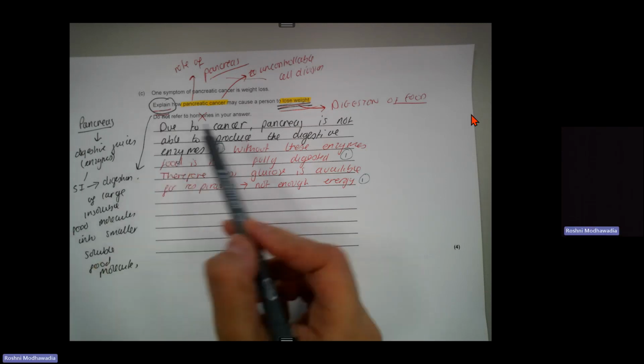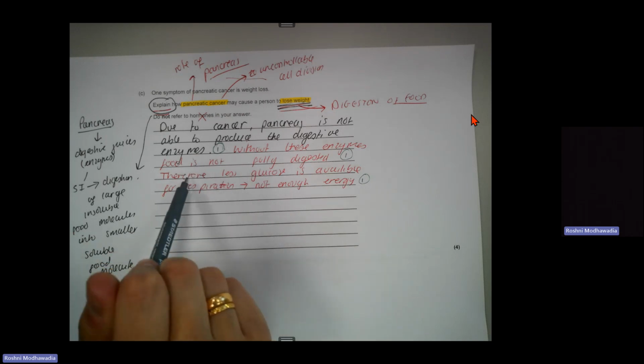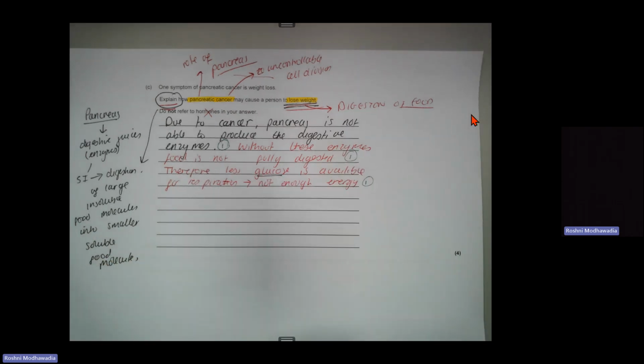So that's one. Another point that I'm going to talk about, again because of this cancer, the pancreas not being able to produce the digestive enzymes. We talked about the enzyme digesting glucose, but glucose isn't the only large insoluble molecule that we need to digest. Protein is also something that we now need to digest.